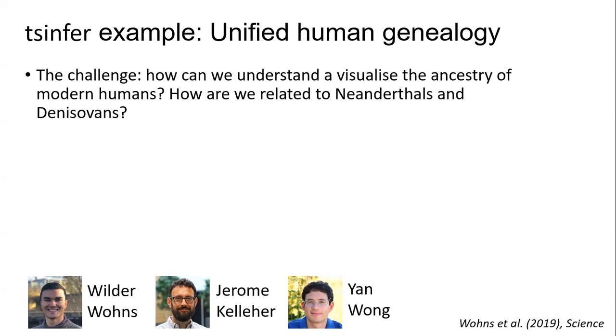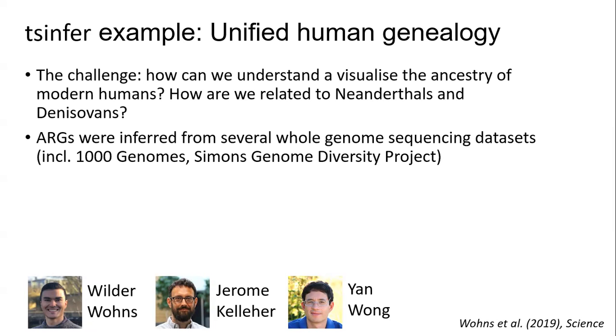The neat thing is that we actually have ancient DNA from some of these recent relatives of ours. So they inferred ARGs from the biggest whole genome sequencing datasets that were available at the time, which were 1,000 genomes and the Simons Genome Diversity Project. From that, they built up trees, which represented the ancestry of all those individuals.